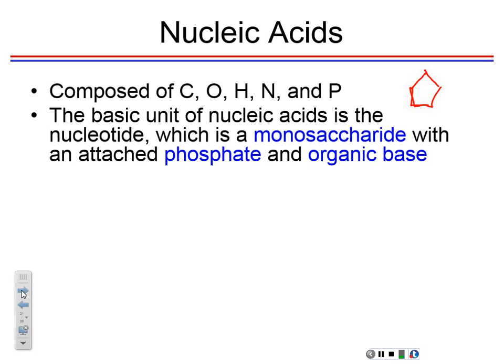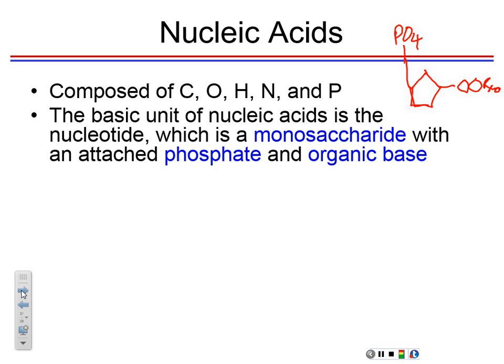A nucleotide has a sugar, and a base, and a phosphate group. So that's a nucleotide. And the sugar here, the monosaccharide, can be ribose, like in RNA, or deoxyribose in DNA. Okay?